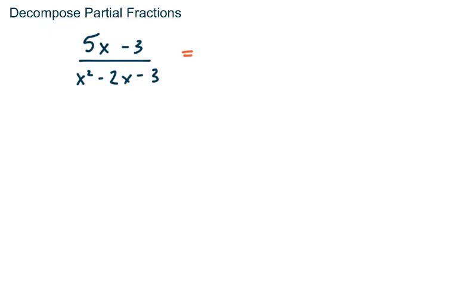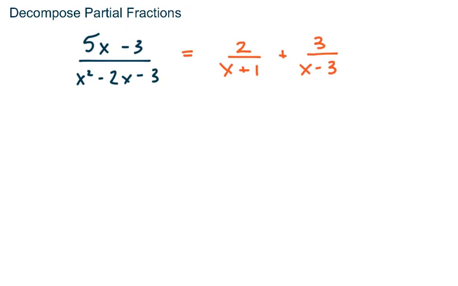And that's essentially the idea of unadding these fractions, saying what were the two fractions that we added together to get this more complex, larger fraction.